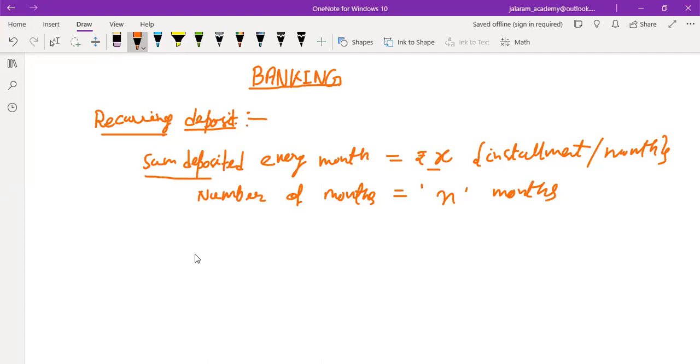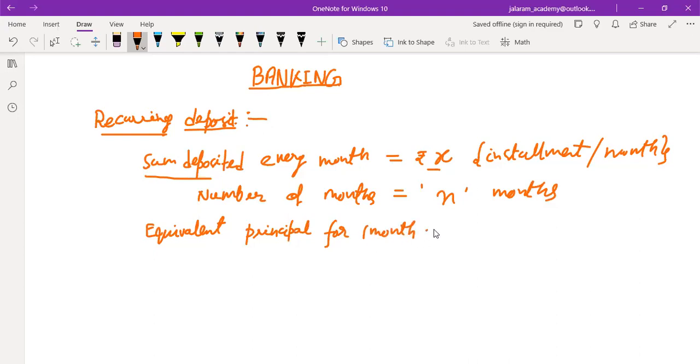Then the first thing which we have to find is the equivalent principal for 1 month. So learn this formula for equivalent principal for 1 month.